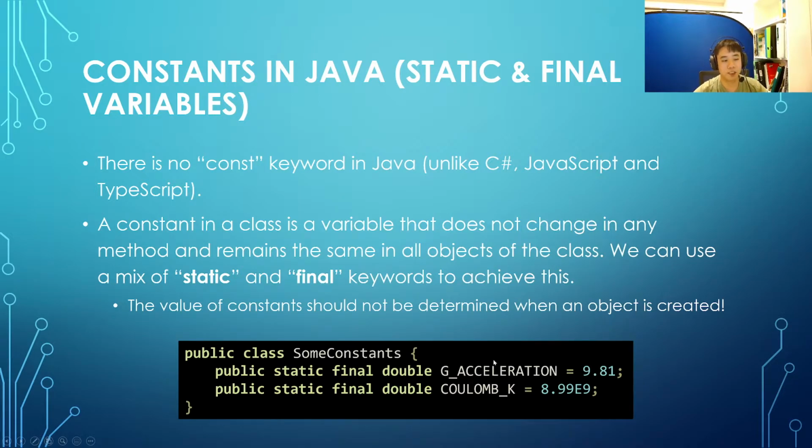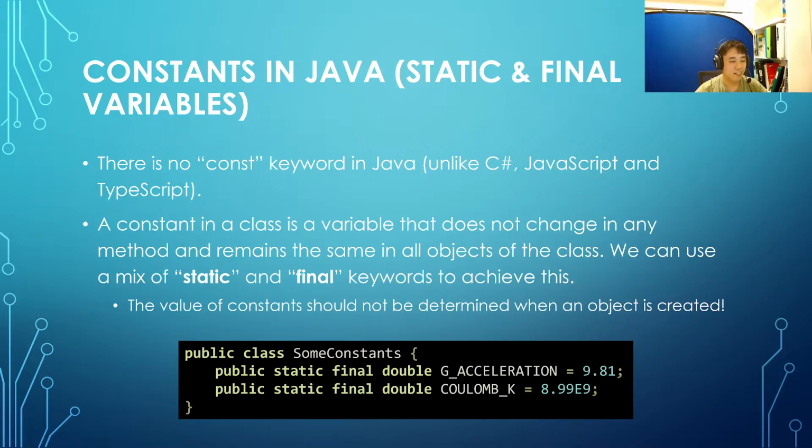So here's an example. Gravitational acceleration, which is always equal to 9.81 as we know it, is static final, which means it's always going to be a constant throughout the class. Another one we sometimes need to use would be Coulomb's constant. I call it Coulomb K because its symbol is also K, which is 8.99 times 10 to the 9th.